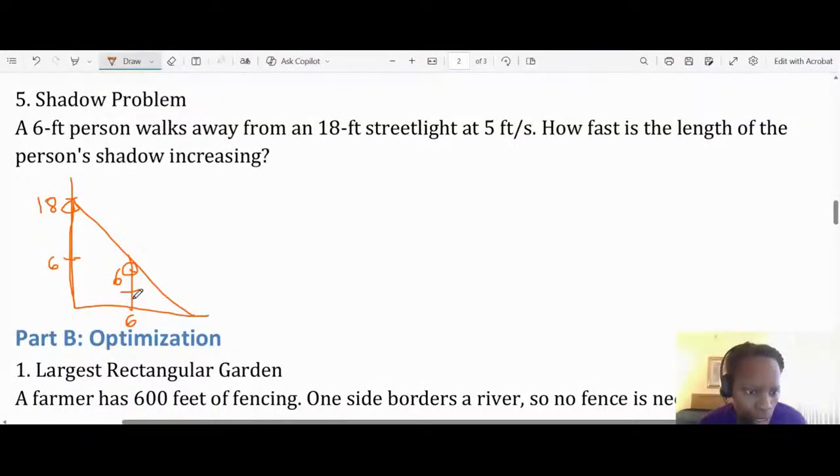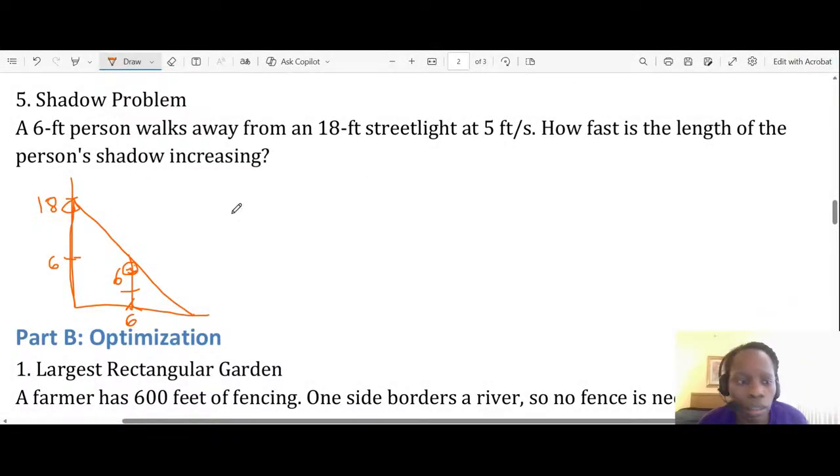So my person is 6 foot tall. The height here is 6, and the lamp is 18.